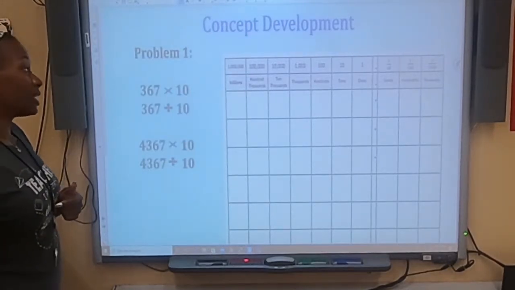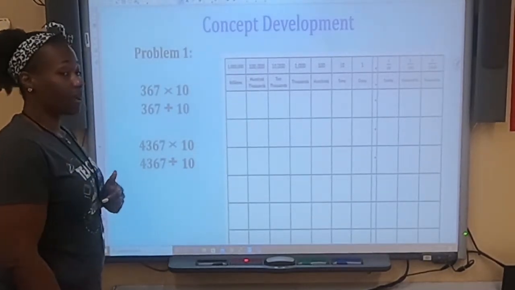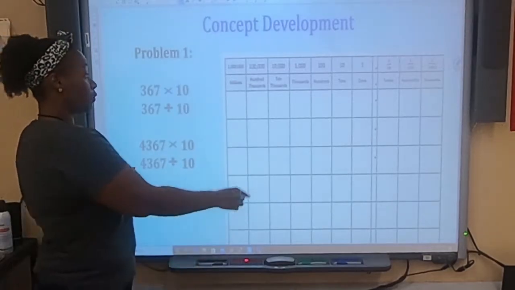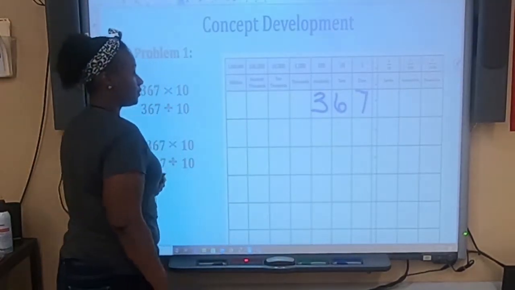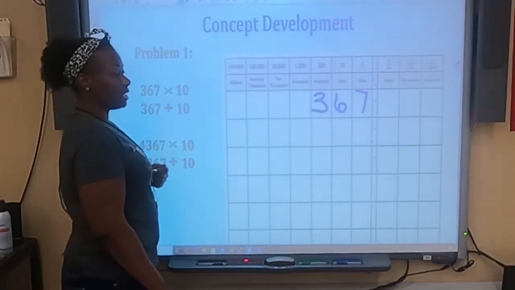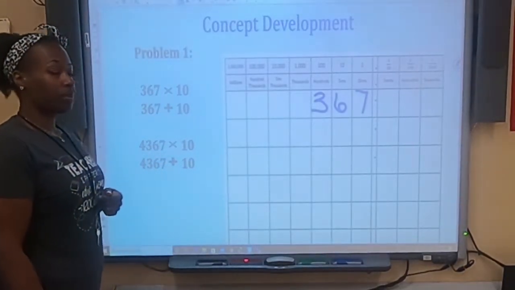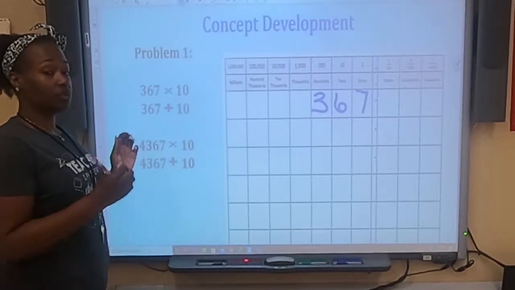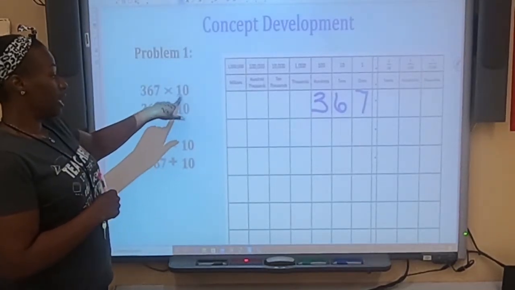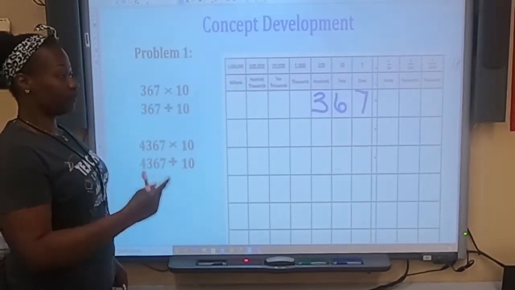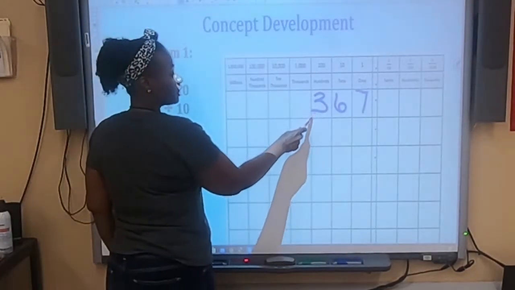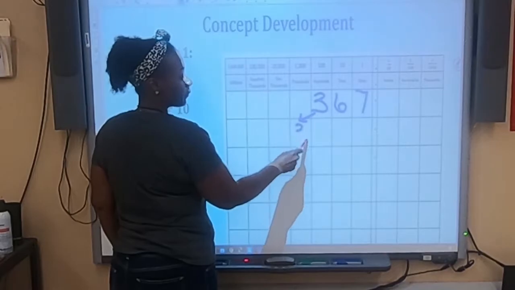I have 367. So I'm going to write each digit in its place value. We are multiplying by 10. Remember, when we multiply, my digits need to shift to the left. And that 10 tells me to shift it 1 time because there's 1 zero. So my 3 shifts to the left 1 time.